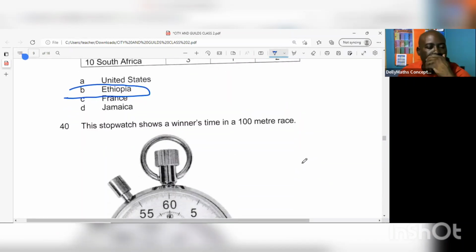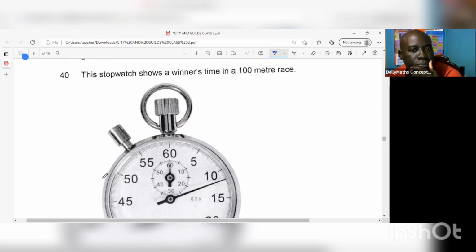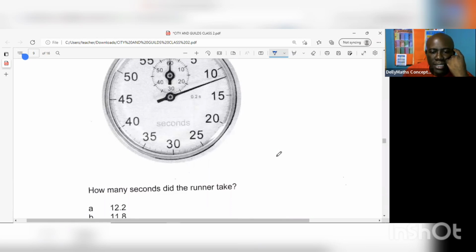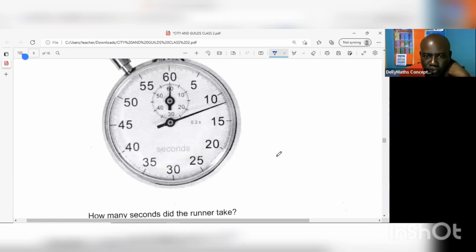All right. This stopwatch shows a winner's time in a 100-meter dash. Question: how many seconds did the runner take? Well, you may not be able to see this, but there's a marker there. There's a marker there. So I'm seeing 11, 12, 13, 14, and you could see this is 15, and this is 10.